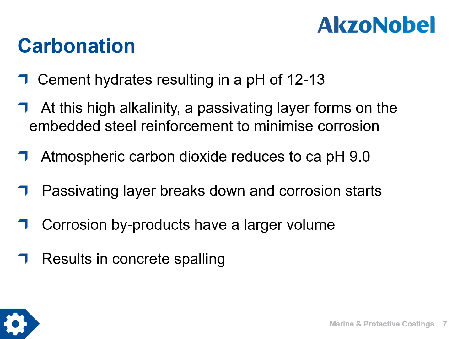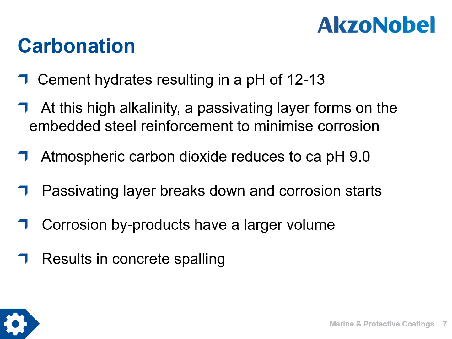We will now describe the process of carbonation. Concrete is an inherently alkaline material. As cement hydrates, it results in a pH of between 12 and 13. At this high alkalinity, a passivating layer forms on the embedded steel reinforcement to minimize corrosion.